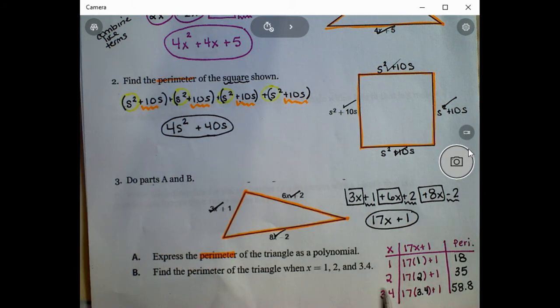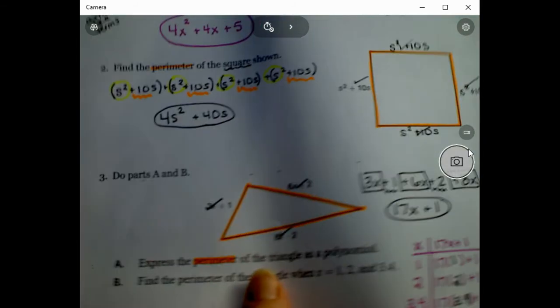Okay. So the perimeter of this triangle, if x is 1, is 18. The perimeter of this triangle, if x is 2, is 35. The perimeter, if x is 3.4, is 58.8. Okay? And that's perimeter. Let's look at the next page.